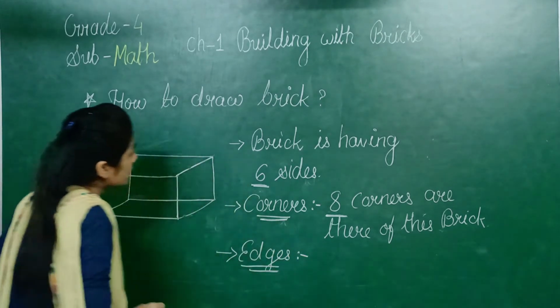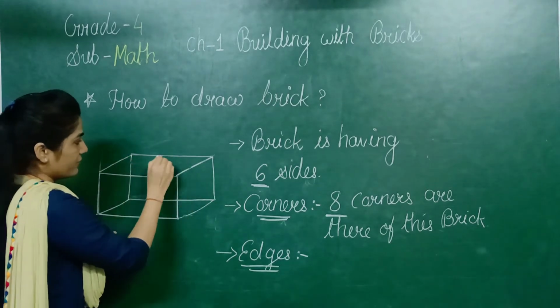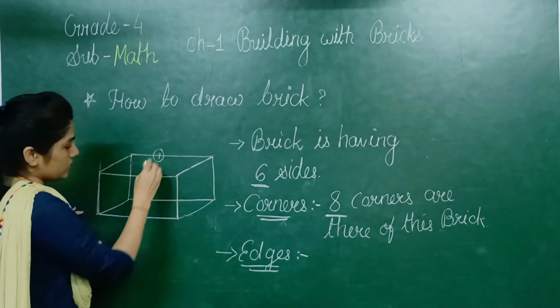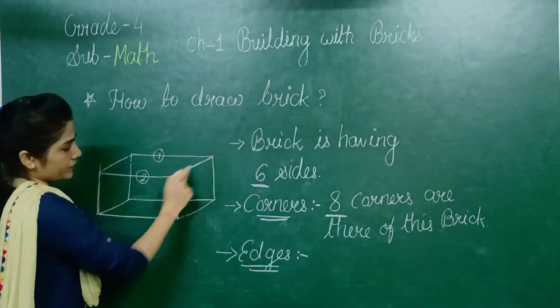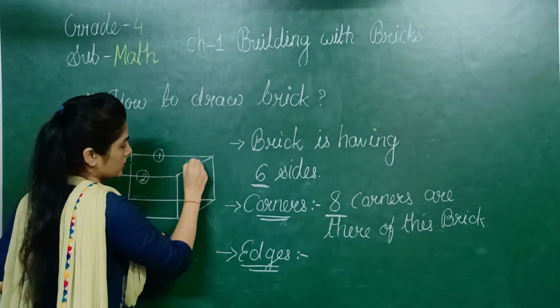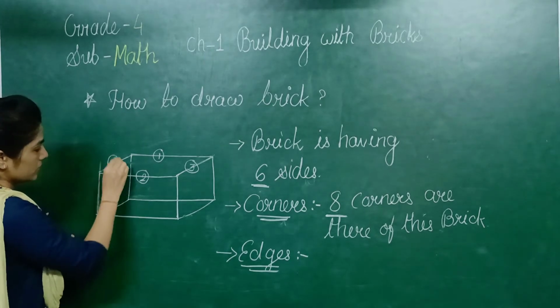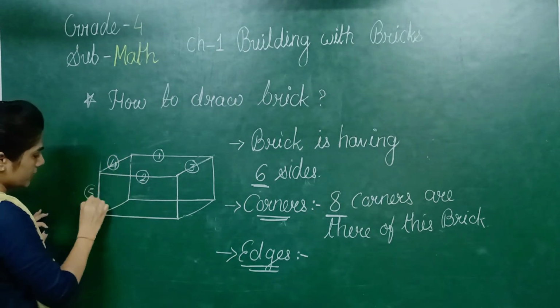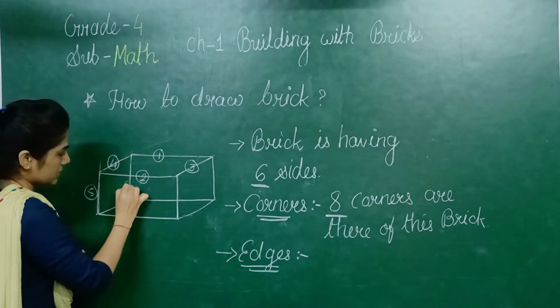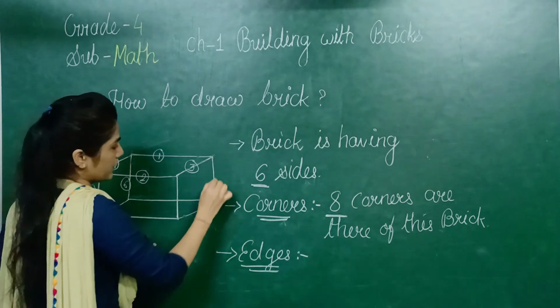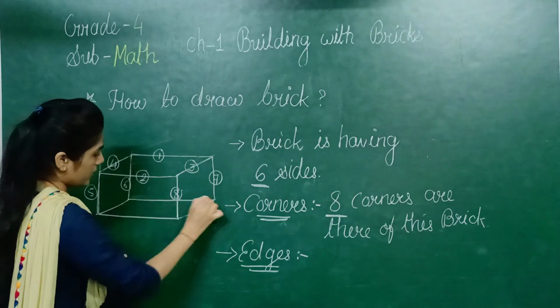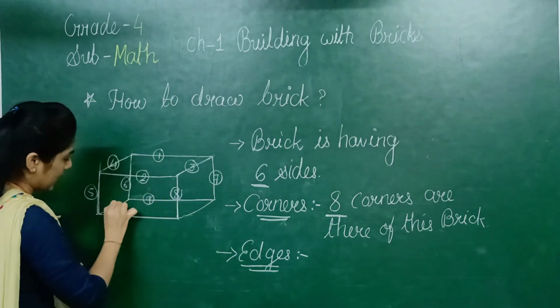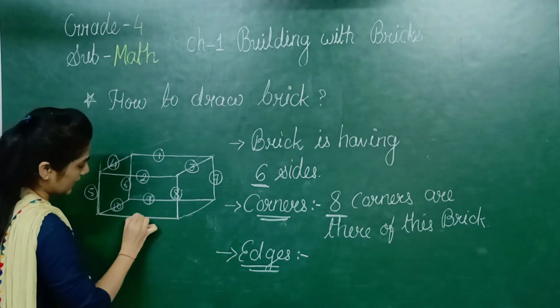Edges. So this is the first edge, this is the second one, 1, 2. This is third. This is fourth. This is fifth. This one is sixth. This one is seventh. This one is 8, 9, 10. This is 11.